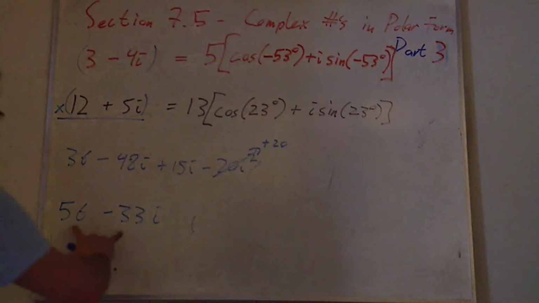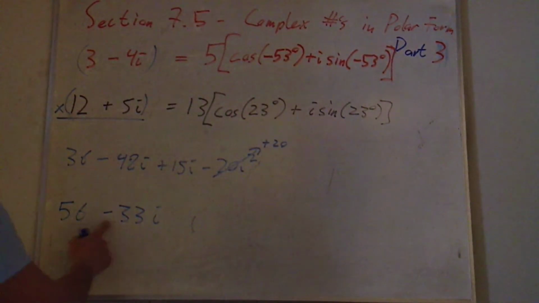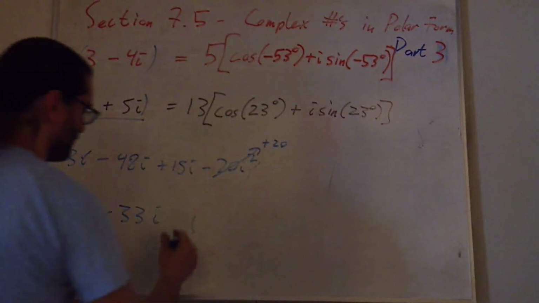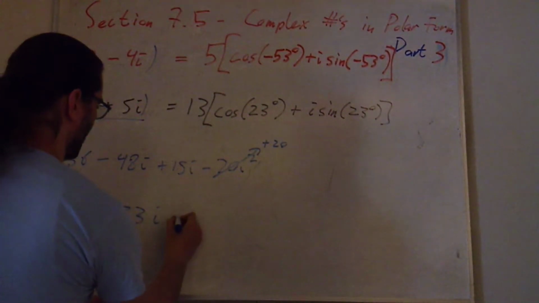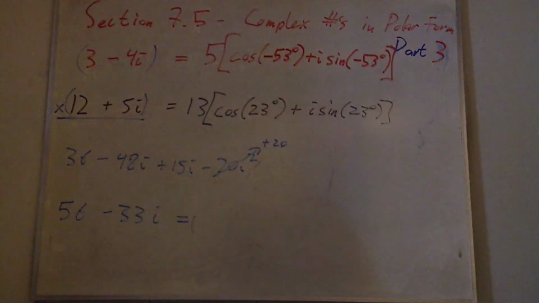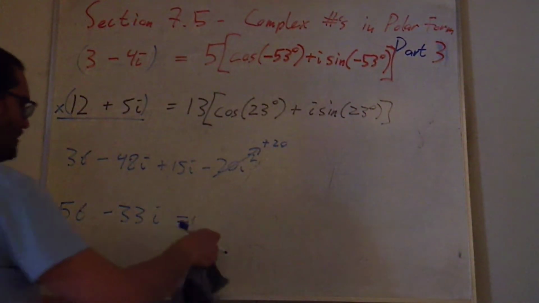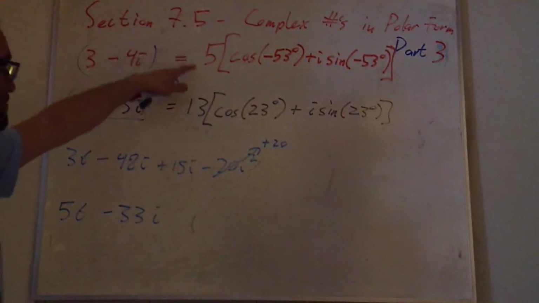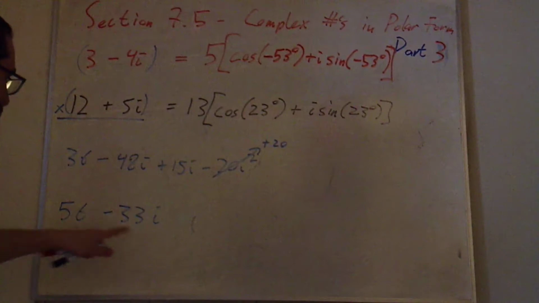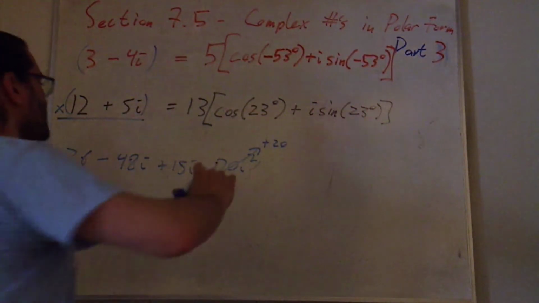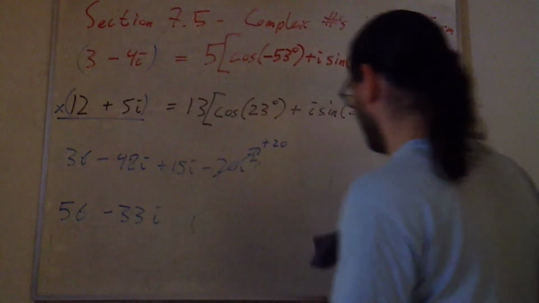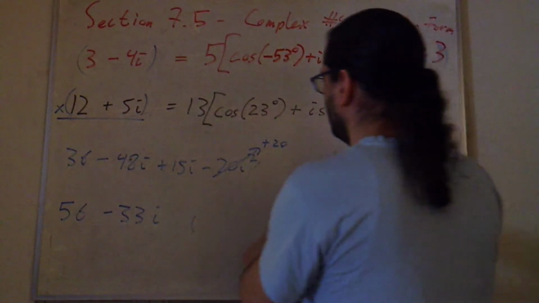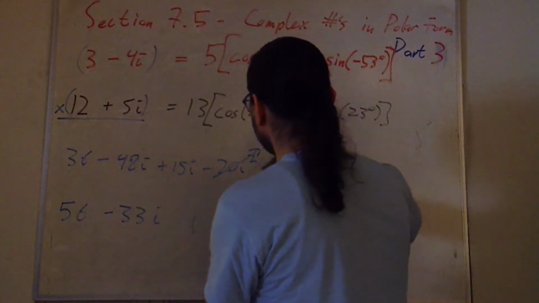So let me see what happens if I convert this into polar form. Or, no, I want to do it the other way. I want to do this multiplication in polar form and see if I get something similar. So, I'm going to erase some of this blue stuff so I can create some distance.